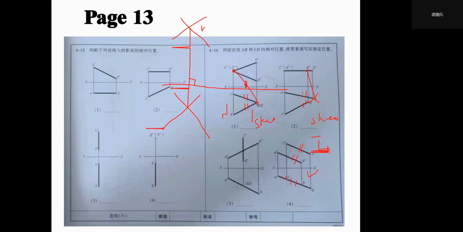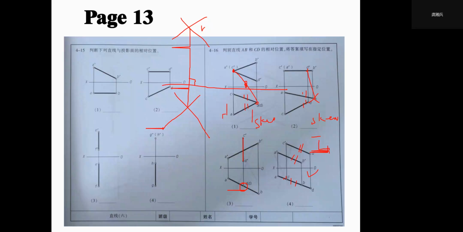This is a spatial line. CD is normal to H, and the projection of CD is also on the line AB. So CD and AB are not parallel, first, yeah, because no parallel. Skew or intersecting? Intersecting.